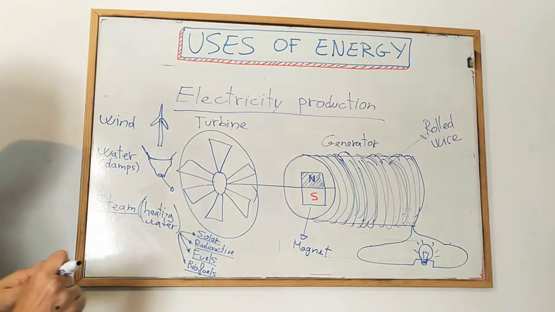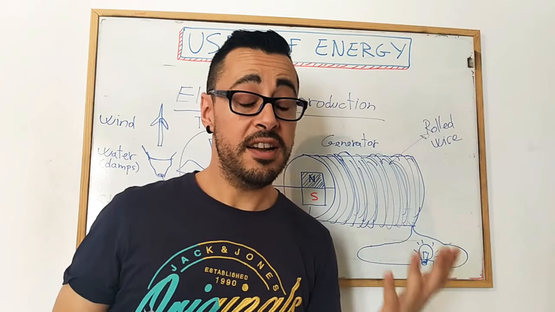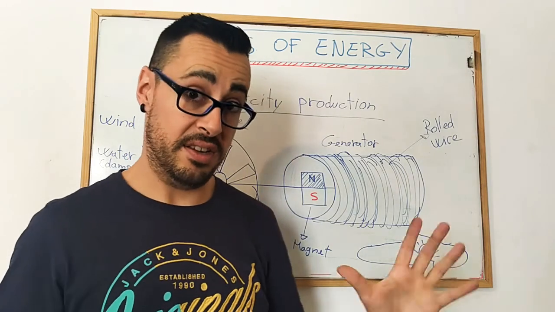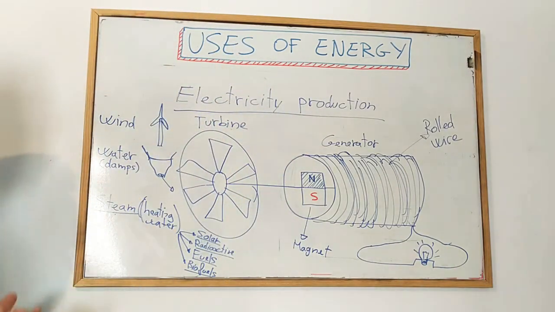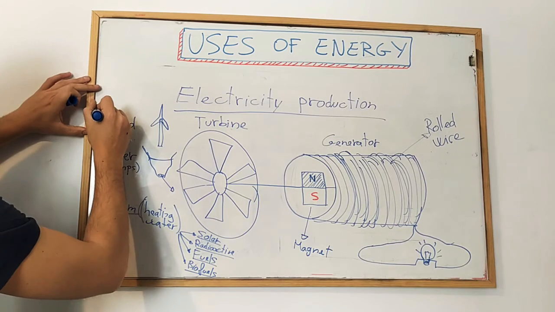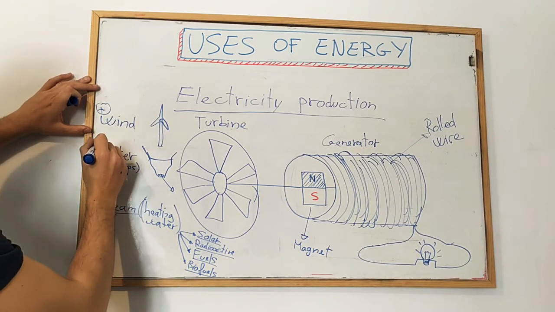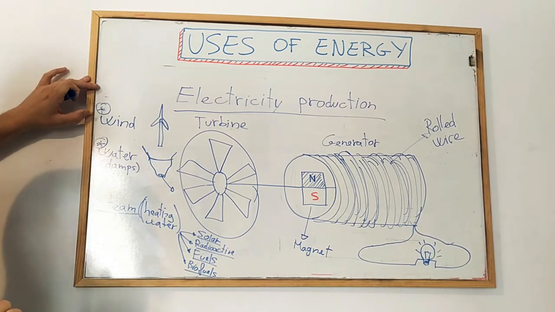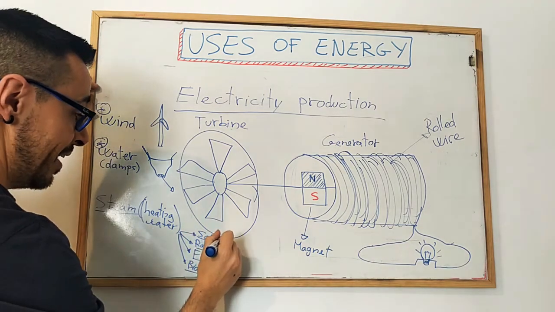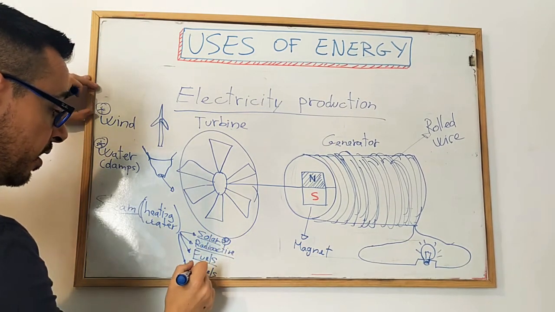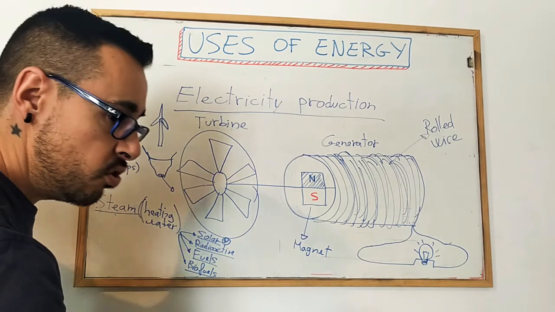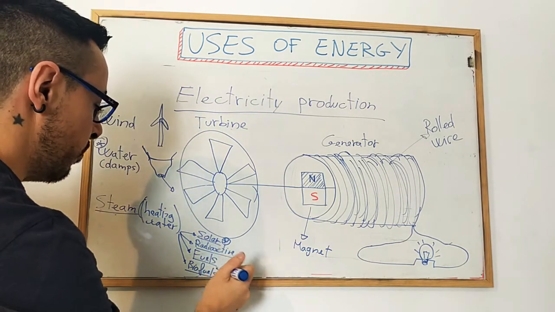In this case, you know that there are renewable energies and not renewable energies. Which ones are renewable? Wind is renewable. Water is renewable, okay? And solar energy is renewable. Renew, not remove.